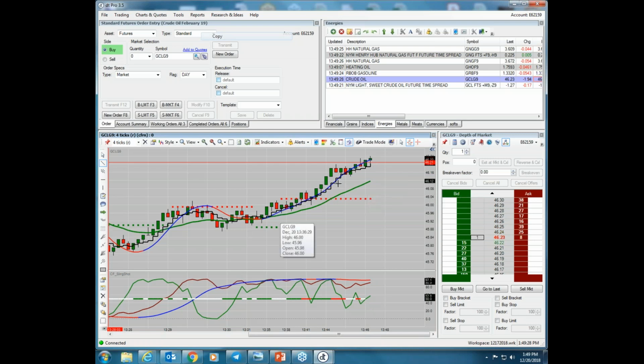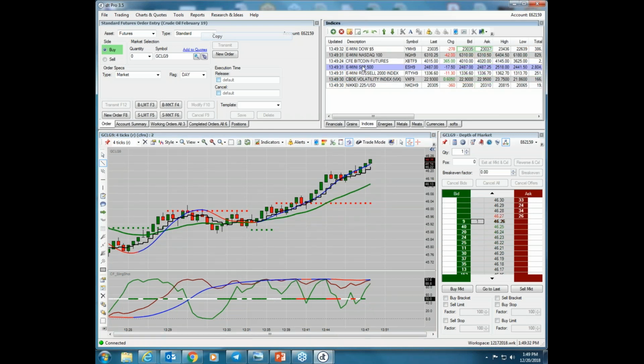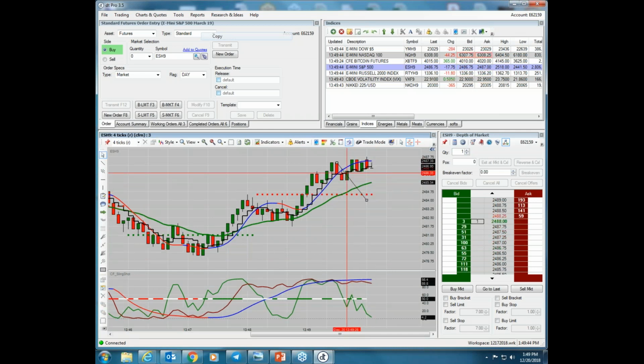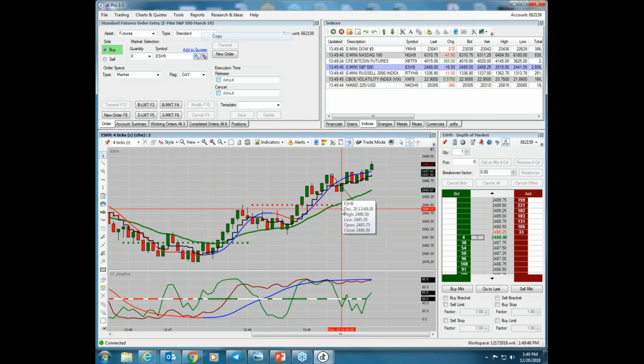Again, not a surprise if this is moving up, if that S&P is moving up, okay? There's another trend line. That's a close above the trend line, okay? Okay, so there's some opportunities here.